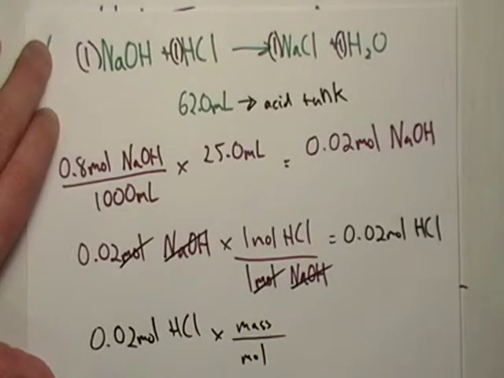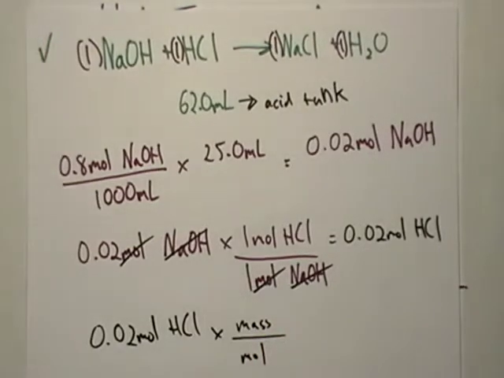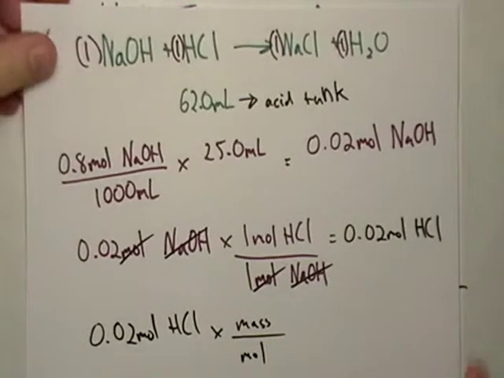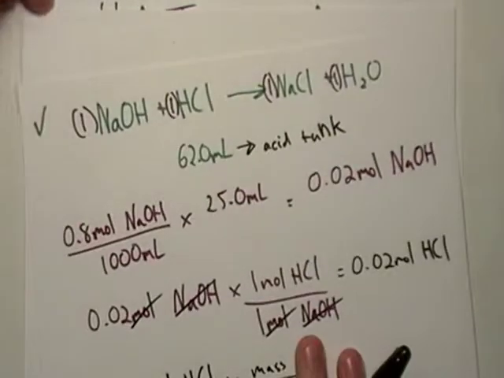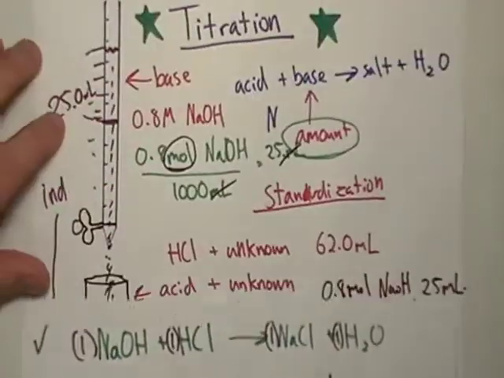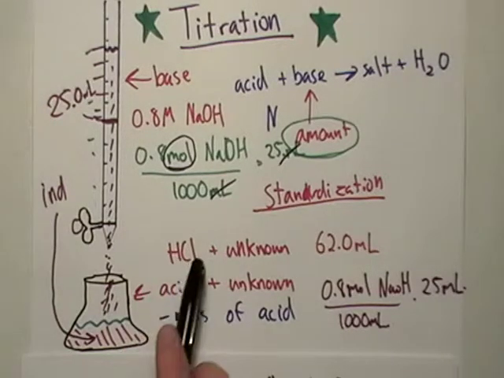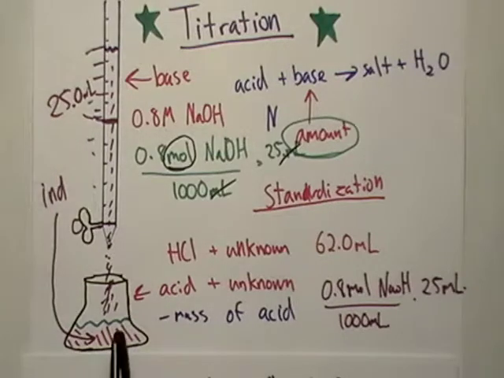I can do my mass to mole conversion. But I want to back up for a minute, because remember, originally we had an unknown in here. Let's say our unknown was an unknown amount of water. Now we can figure out the concentration of the hydrochloric acid. Maybe it's diluted a little bit.